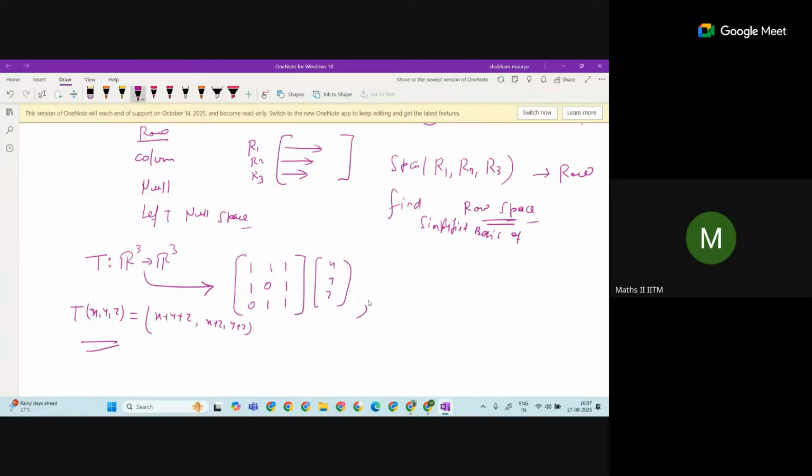So this is your linear transformation, and this is the matrix representation of it. First I wrote the matrix and then I found the linear transformation. Let's find the row space and column space of this matrix.